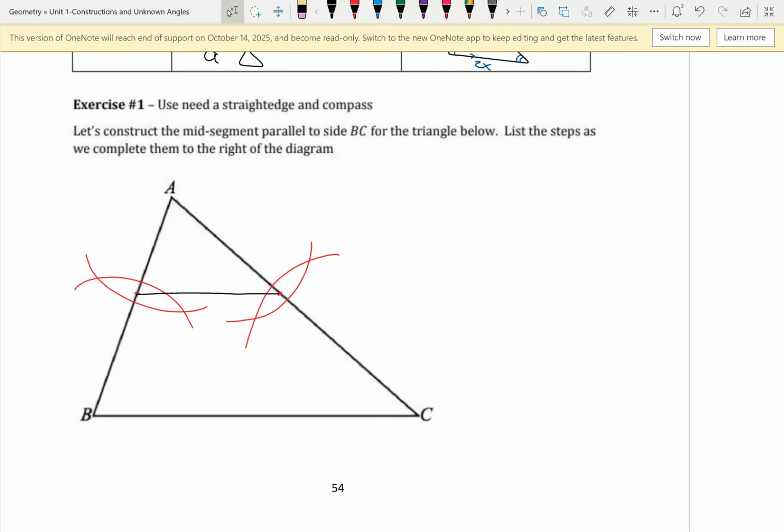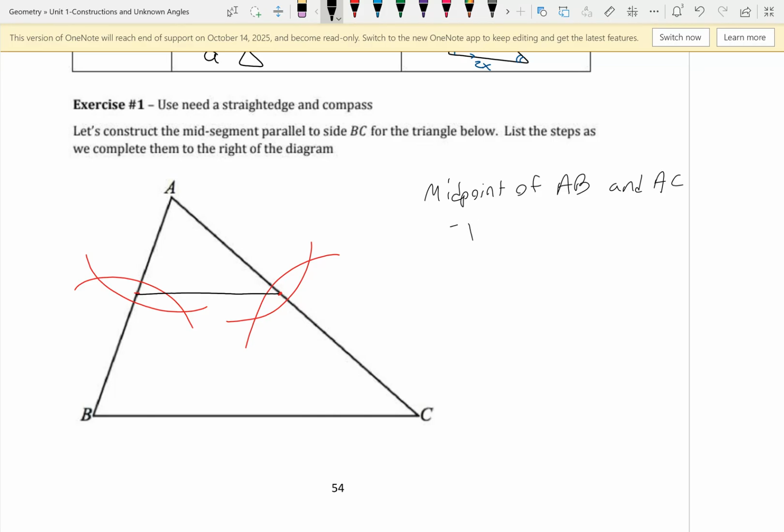Now I'm going to have you pause the video in a second to actually do this construction, but I have it done already for simplicity purposes. What we need to do is find the midpoint of our two sides. So if we want the segment parallel to BC, we have to find the midpoint of AB and AC.